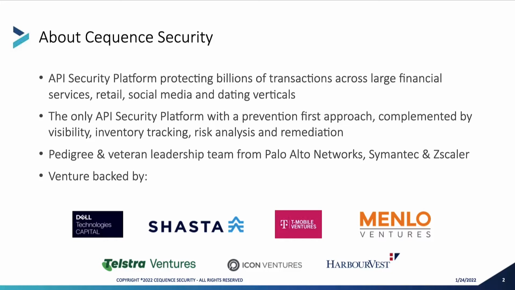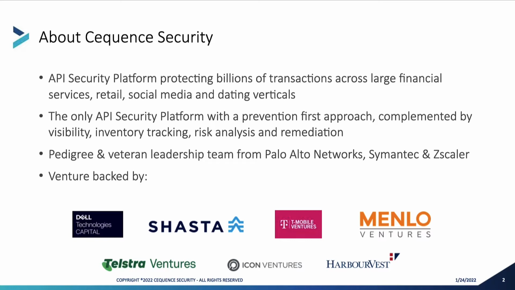So a little bit about the company. We've been around for a while, founded in 2016. We just landed our Series C funding, so we're still in a venture-backed mode. We are an API security platform with customers in financial services, retail, social media, and other verticals.